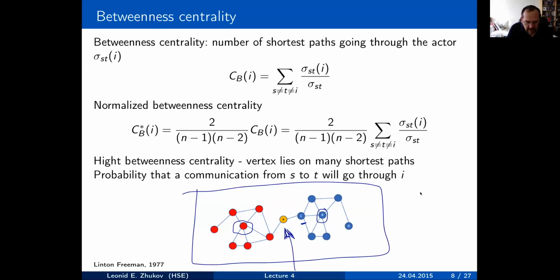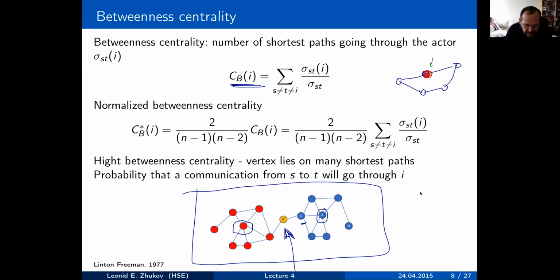From the formula point of view, what this says is the following. If we calculate the betweenness centrality for a particular node, let's say I will draw this picture. Say we want to calculate the centrality for this node. What we need to do is calculate the total number of all shortest paths from all the nodes that go through this one.